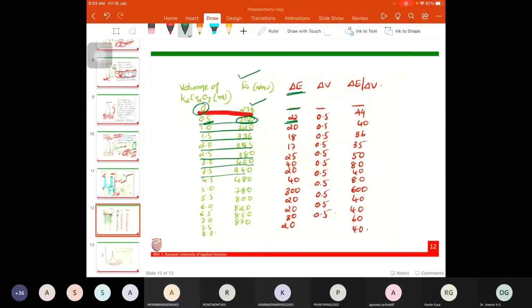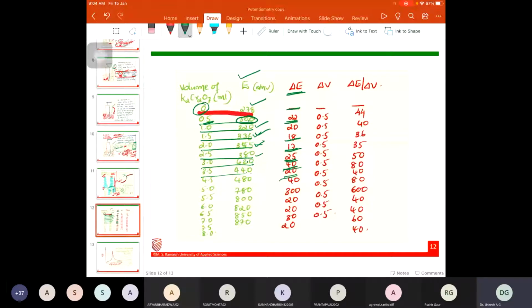Next, 338 minus 320, write it as 80. 355 minus 338, 70. 380 minus 355, 20. 420 minus 380, 40. 440 minus 420, 20. Now you know how we can calculate delta E value? Subtract the value before from the existing value. So you will get delta E.